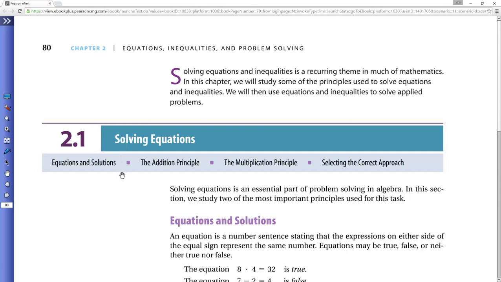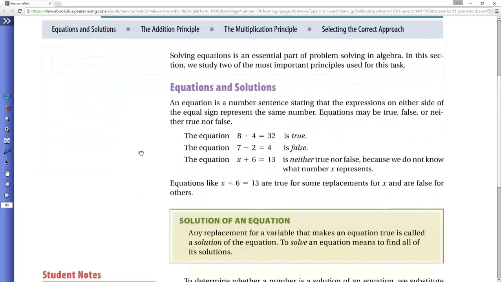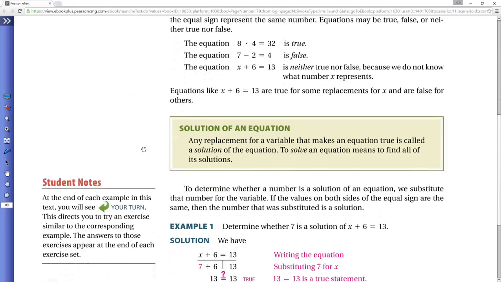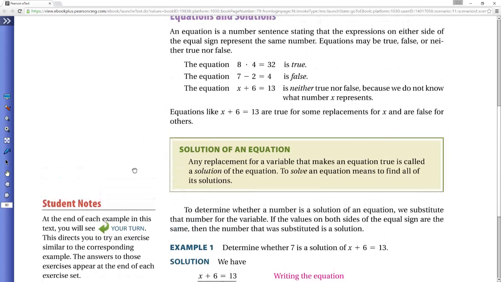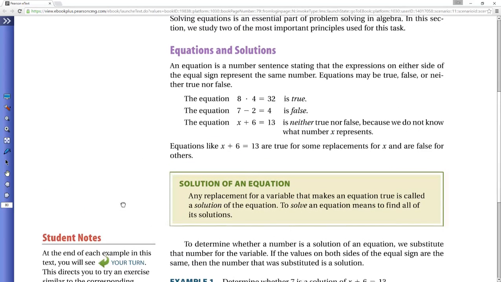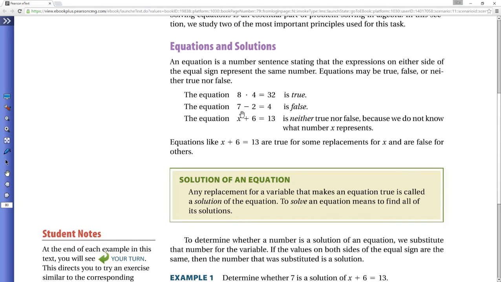So the first section is solving equations. I'm just going to hit terminology again. Now, an equation has an equal sign where expressions don't. So these are actually equations, and a solution is usually something we substitute in for a variable that makes the equation true.